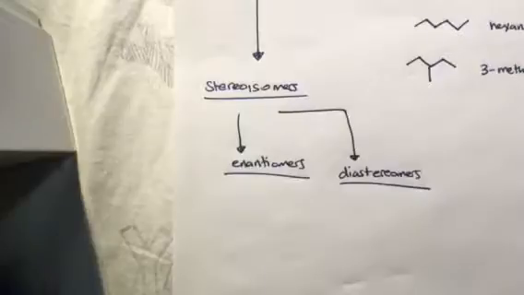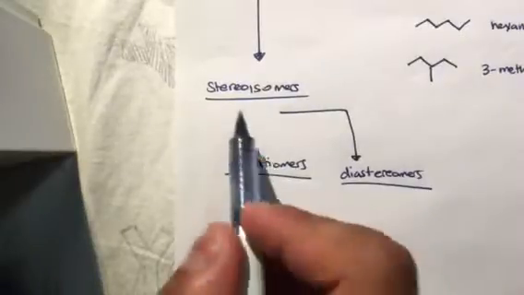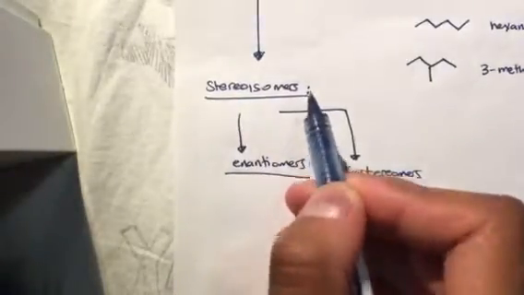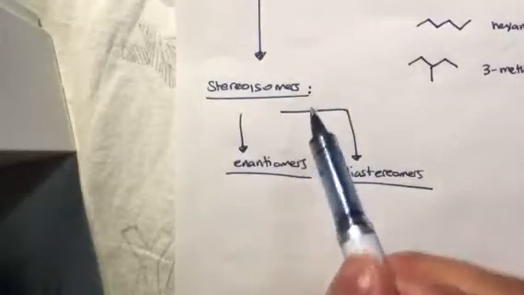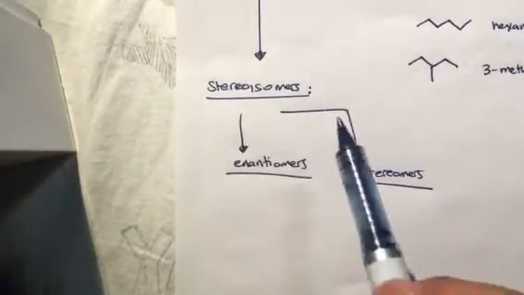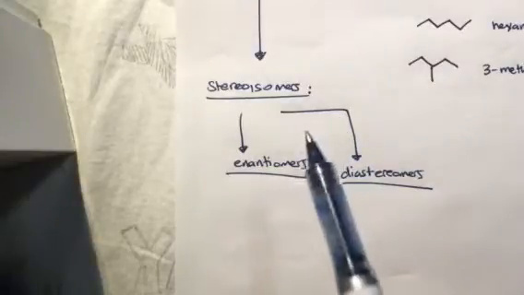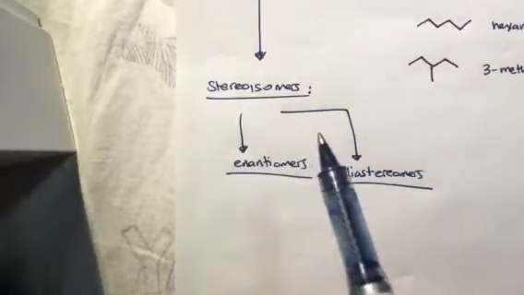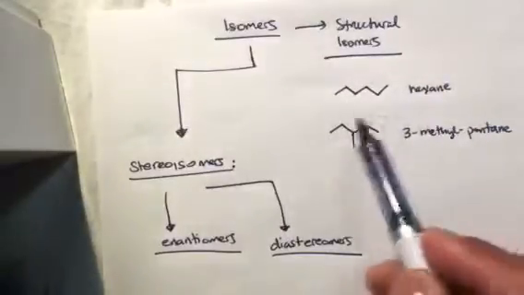So let's talk about stereoisomers first. With stereoisomers, we know that the molecular formula is the same, the connections are the same, they're made up of the exact same constituents, but the 3D conformation is different. So stereoisomers involve a reflection. Here we saw structural isomers, which are not a reflection.